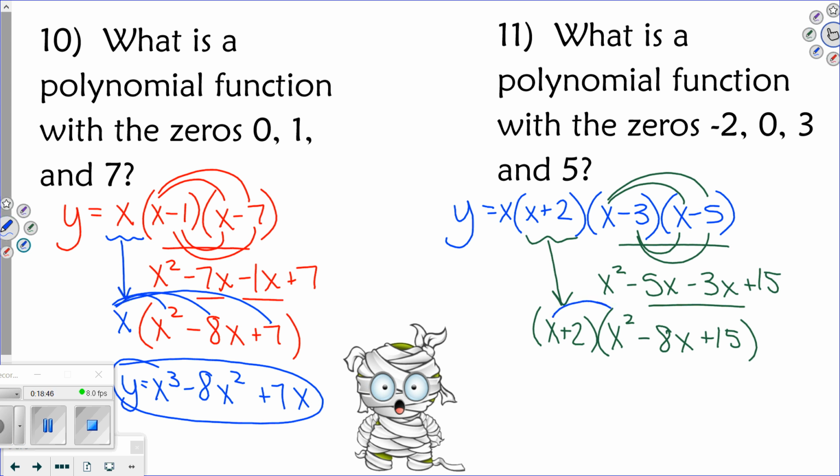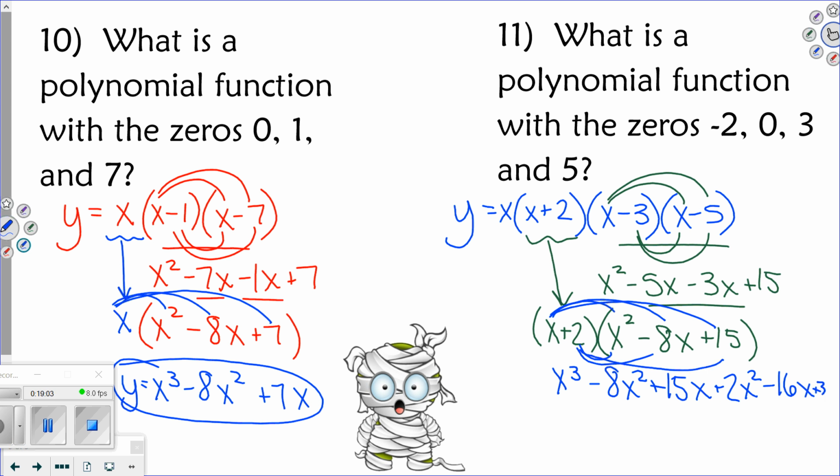All right, and then from here, we'll have x cubed minus 8x squared plus 15x plus 2x squared minus 16x plus 30. Like terms, we have x cubed. That's going to give me negative 6x squared minus x plus 30.